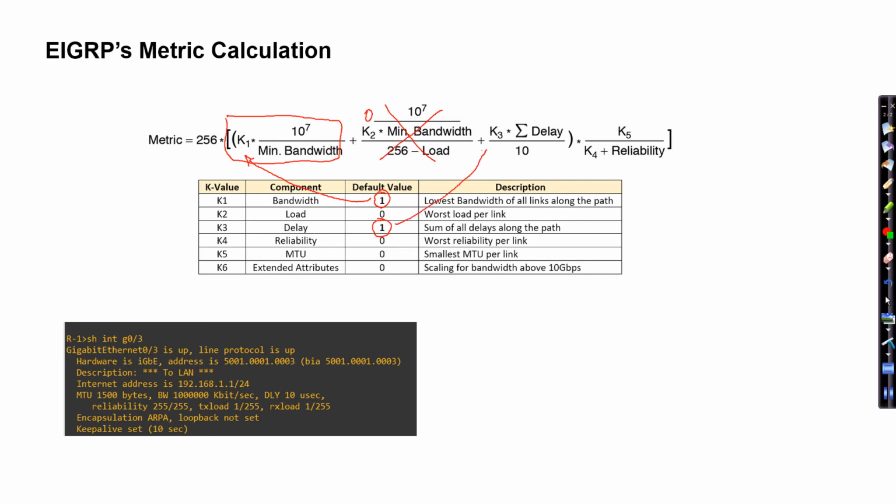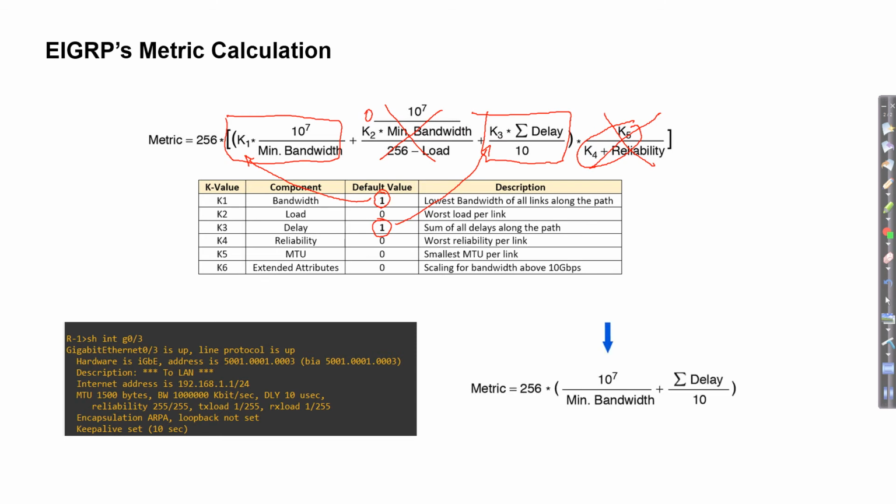K3 is equal to 1, so the delay is in use. And K4 and K5 are 0, therefore they are not in use. So now the formula actually looks like this. The final metric calculation is 256 times 10 to the 7, or 10 gig, divided by the minimum bandwidth, plus the sum of all delays.